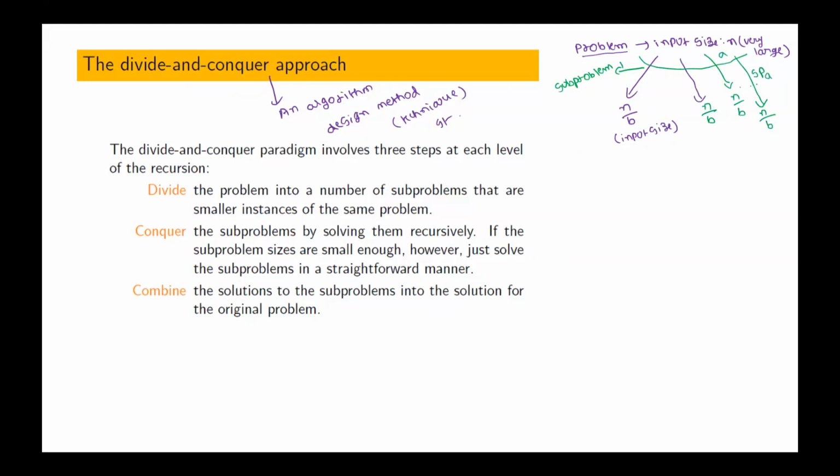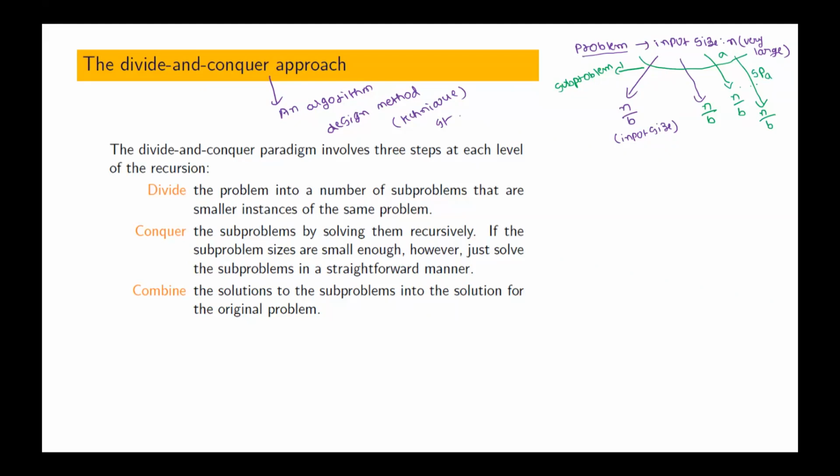What is the advantage of a subproblem over the original problem? The input size is small, only n by b.